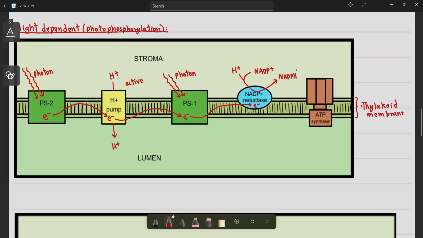So this is the final structure, which is the reduced coenzyme, the high energy molecule.